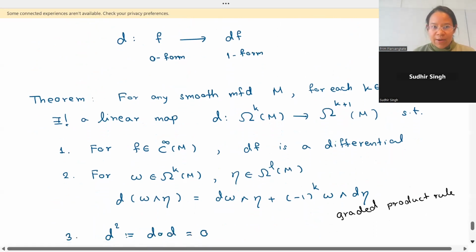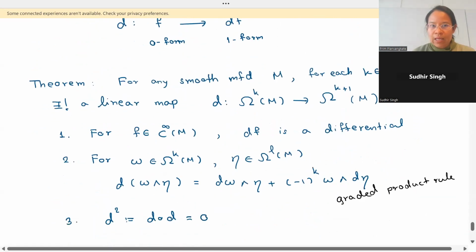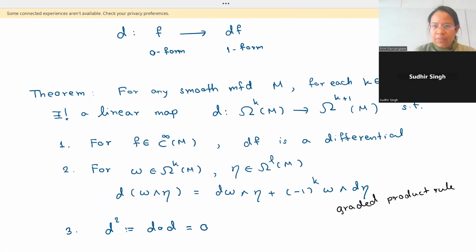And there is a theorem here which says that on any smooth manifold and any natural number k, there is a unique linear map that does this.